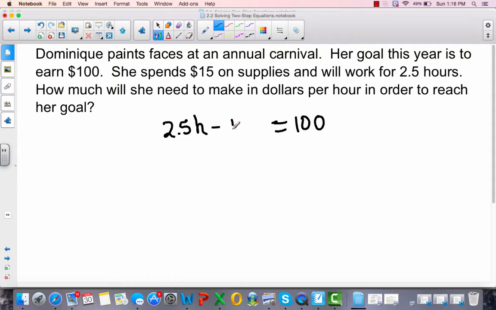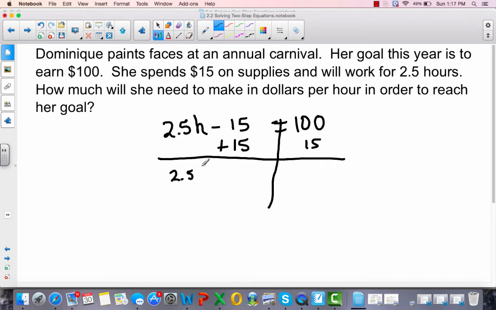And she's going to spend $15. When you spend money, that takes away from what you earn. So you have to put minus 15. So what she earns minus the 15 equals $100 that she wants. So we add 15 to both sides. Draw a line indicating a new step. Bring down the 2.5h.